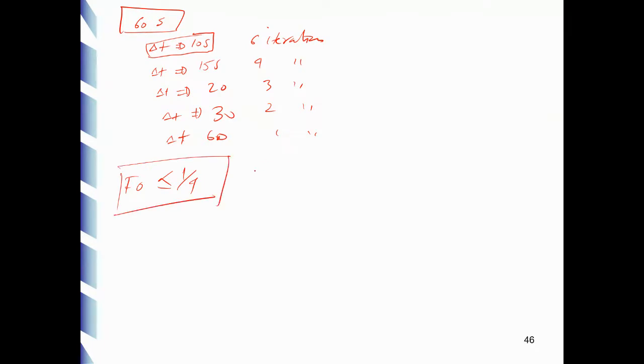Then your solution is stable. This is the minimum criteria. So F0 is 1/4. You can get the delta t from here, because F0 equals alpha delta t by delta x square, equal to 1/4.